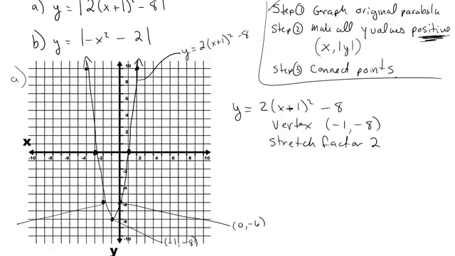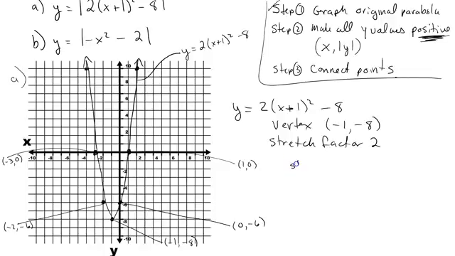This is negative 2 comma negative 6. This is 1 comma 0. This is negative 3 comma 0. And that's all I'm going to do for now.